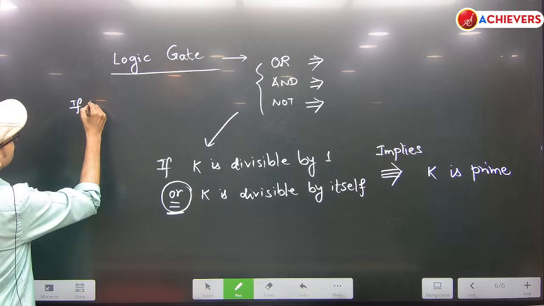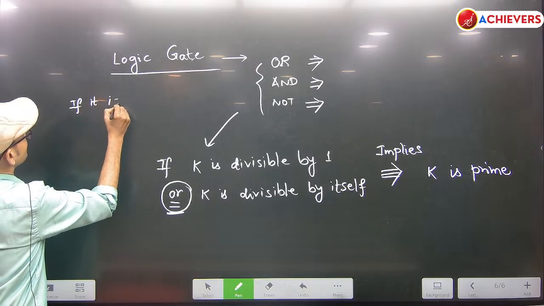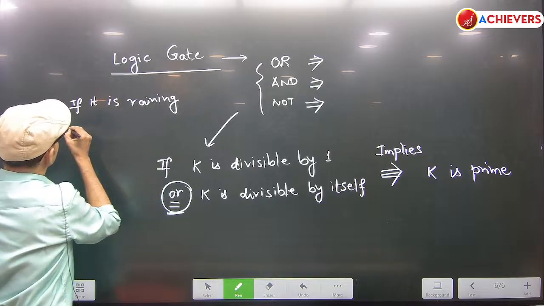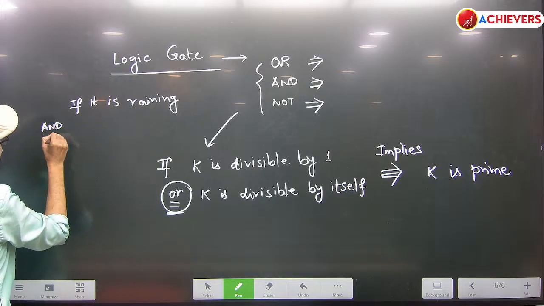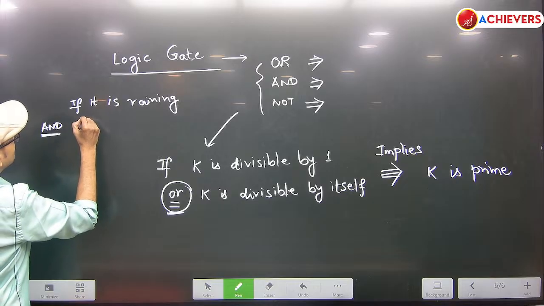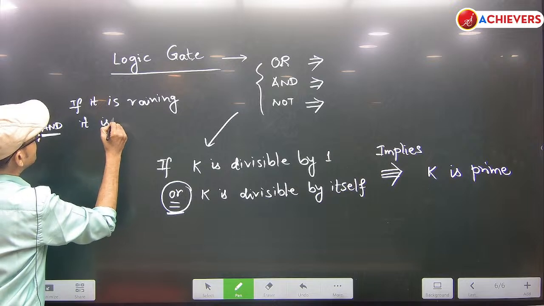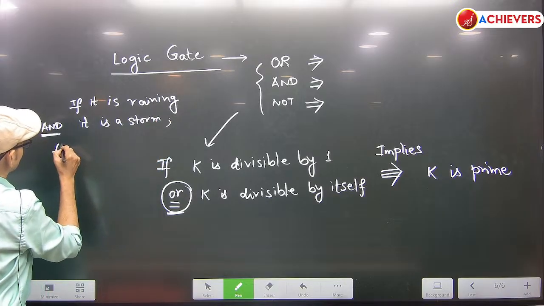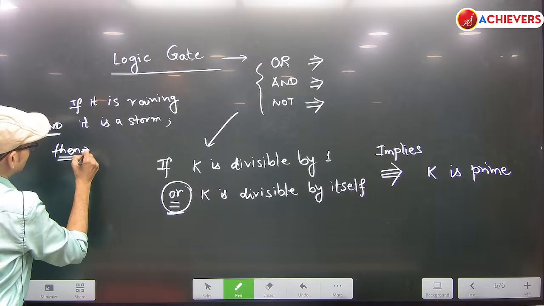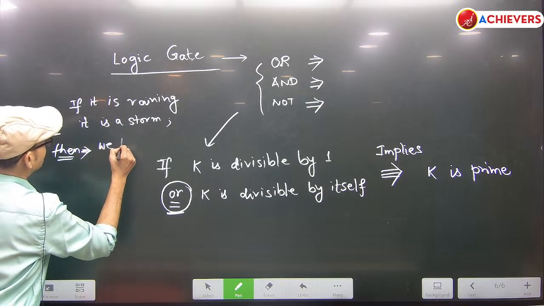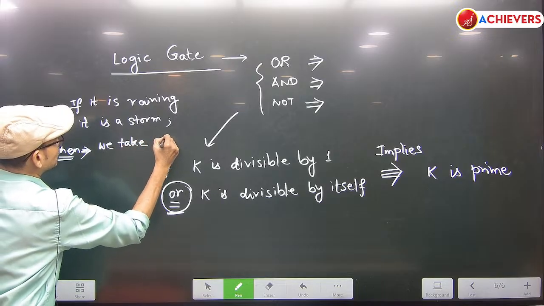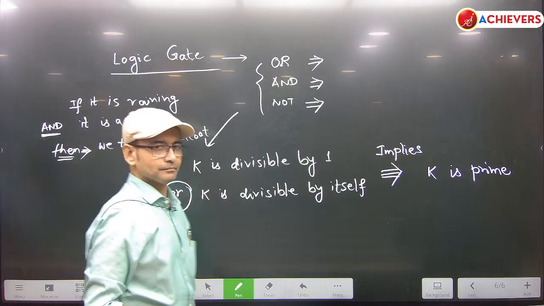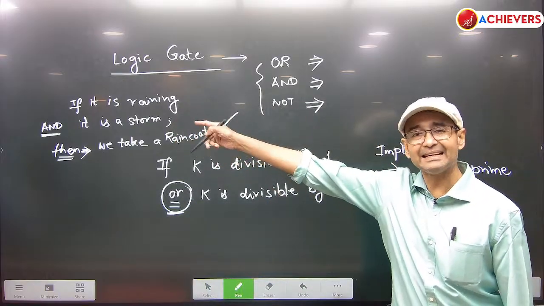If it is raining and it is a storm, then this is actually the output: then we take a raincoat. So that is the concept of the AND logic gate.